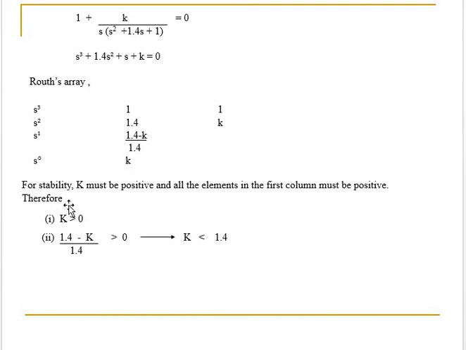Okay, for stability, K must be positive. All the elements in the first column must be positive in order for the system to be stable.